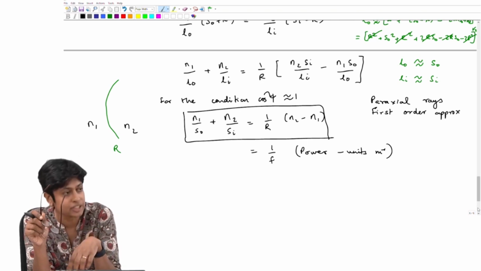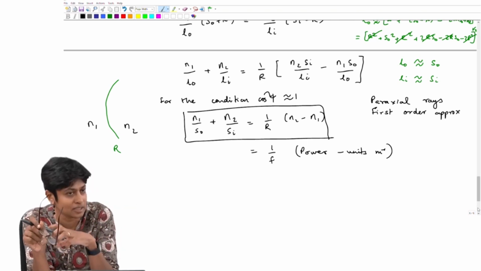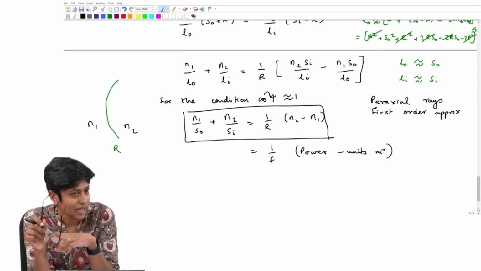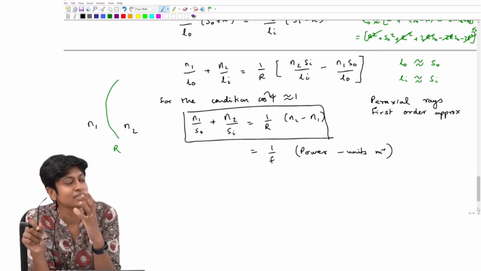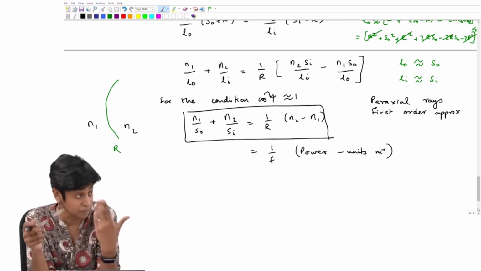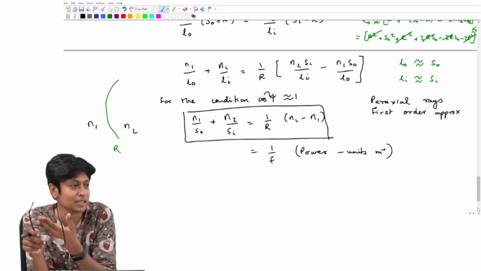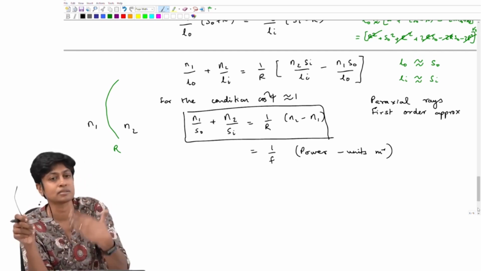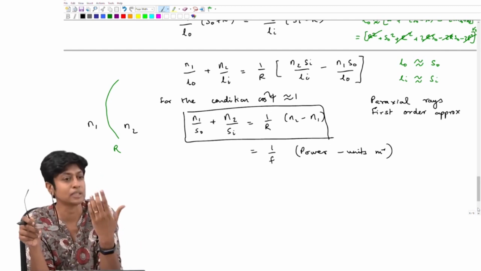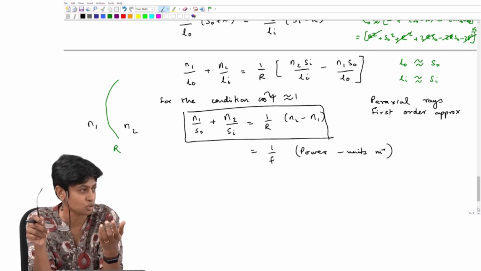The image created by this interface will become the object for the next interface. That interface will see a certain radius of curvature, and it will have a medium of some other refractive index after it, and it will create its image. And I can now do this forever. The image it creates can become the object for the next surface, and so on.